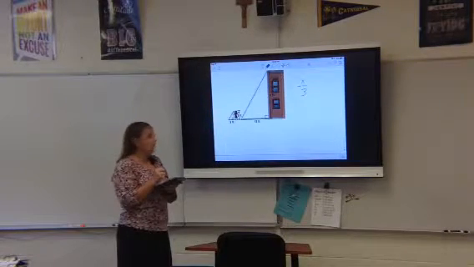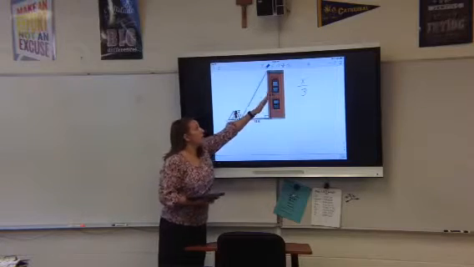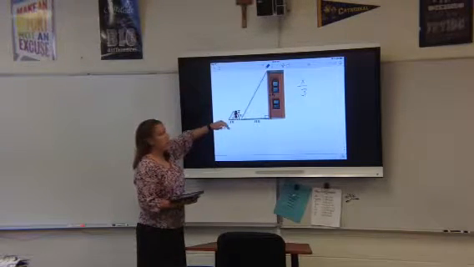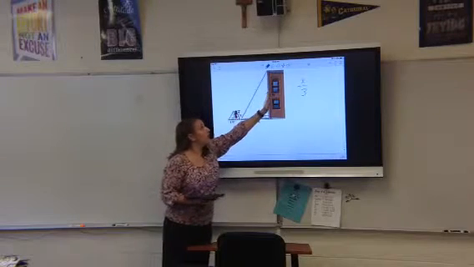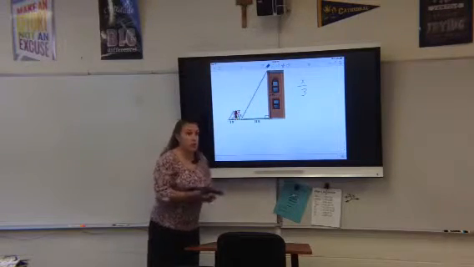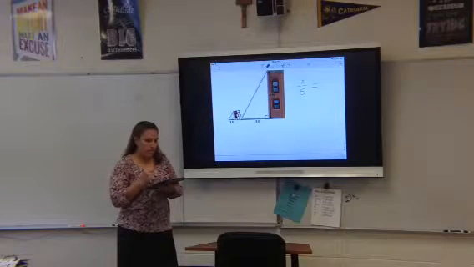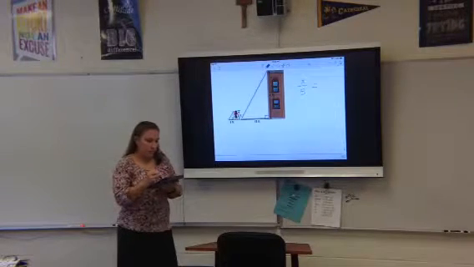Height, shadow, are those the same thing? Oh, I mean the 5. Okay, so if we do x and 5, I like that. That would be good. So x and 5 equals what? The 15 and 15 and 3.